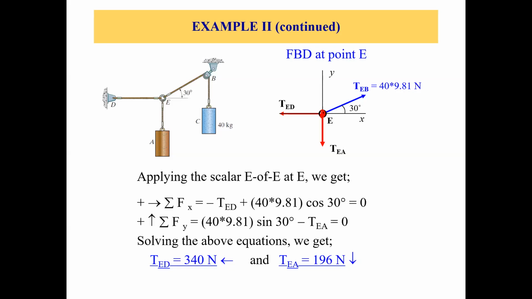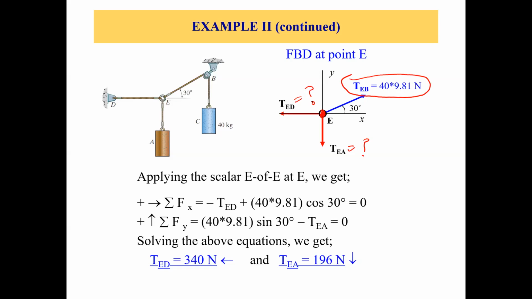So we already know TEB, and we have two unknowns, TEA and TED. After drawing this free body diagram, we have two unknowns and one known force.